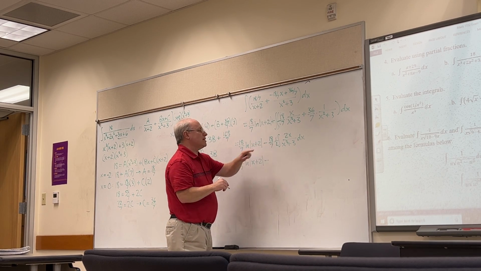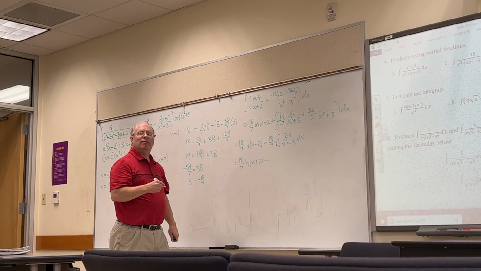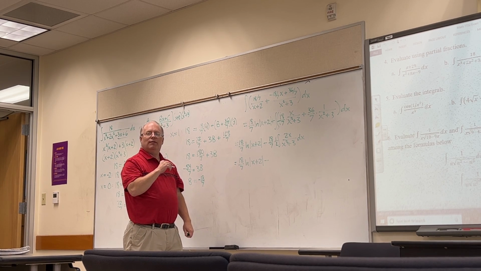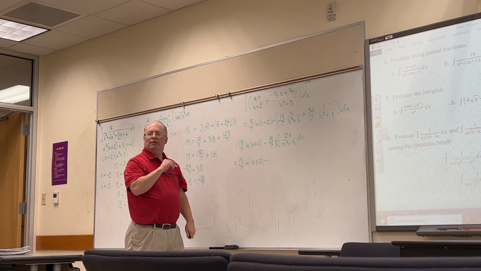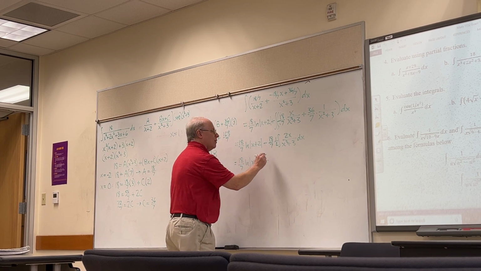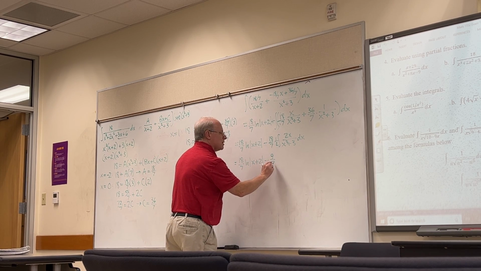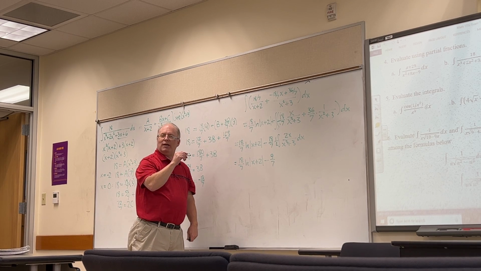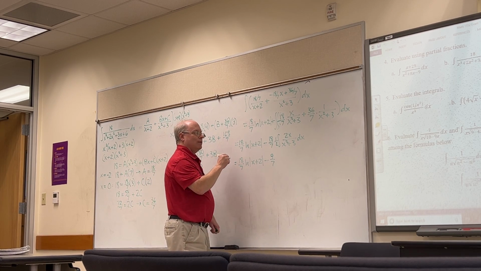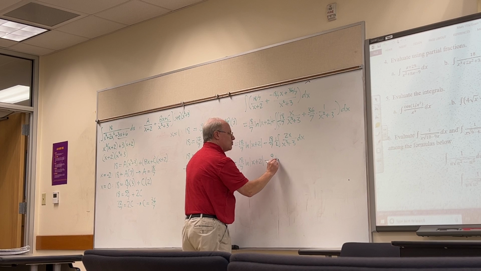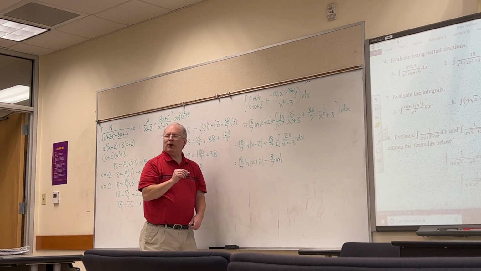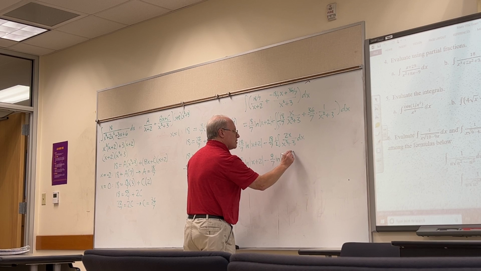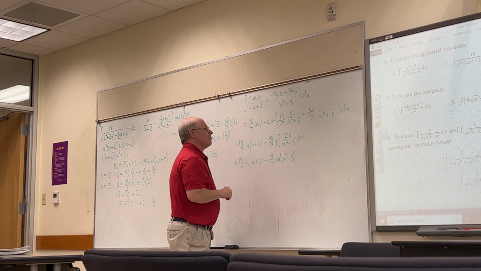And then what's 18/7 times 1/2? Right, it'll be 9/7. And then when we take the integral of 2x over x squared plus 3, natural log of absolute value of x squared plus 3. So that's the integral of that term.